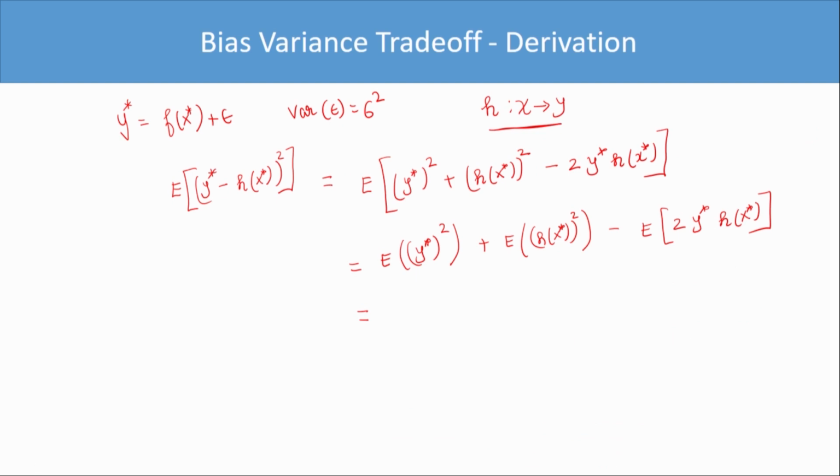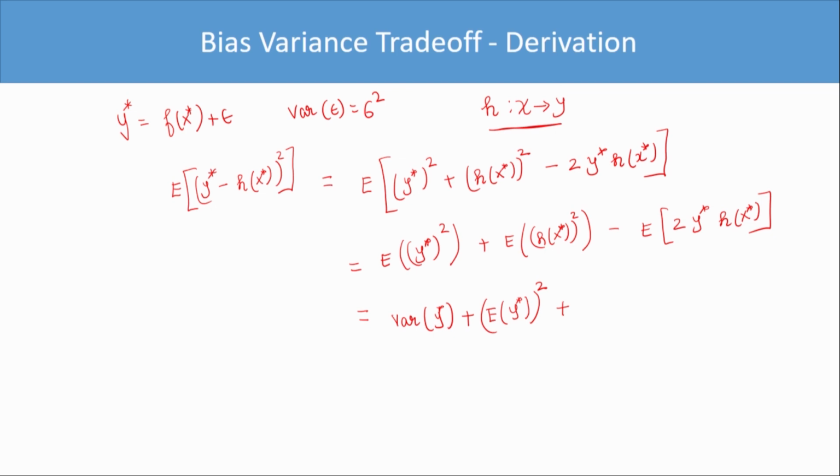So if you use that here, what happens? This becomes the variance of y star plus the expectation of y star, whole squared. Now we can do the same thing for the next term. The z here, instead of y star, becomes h of x star.